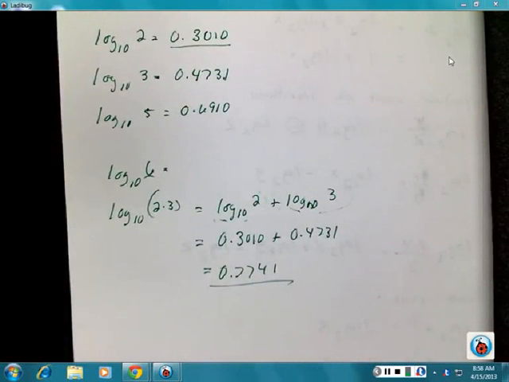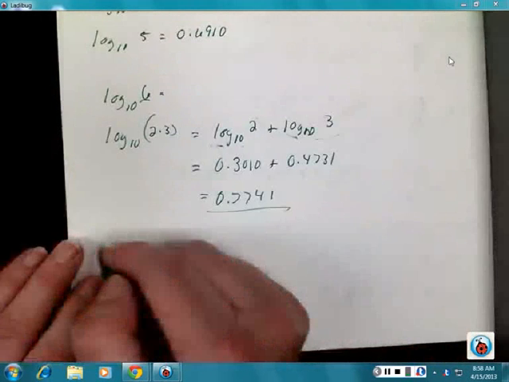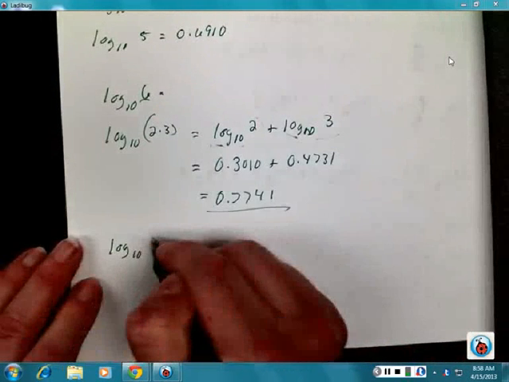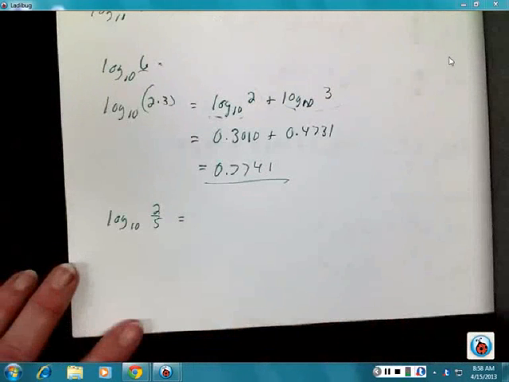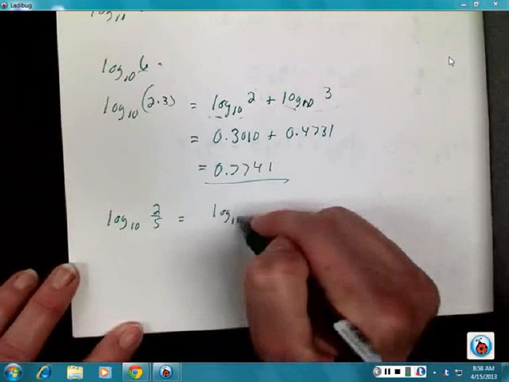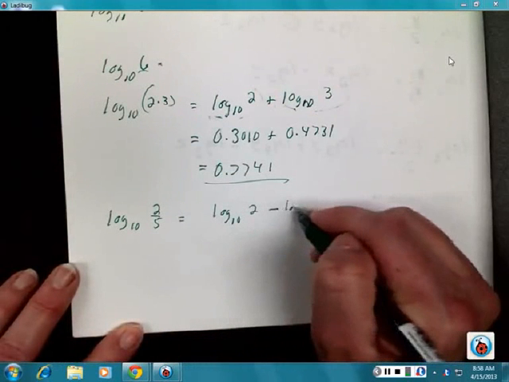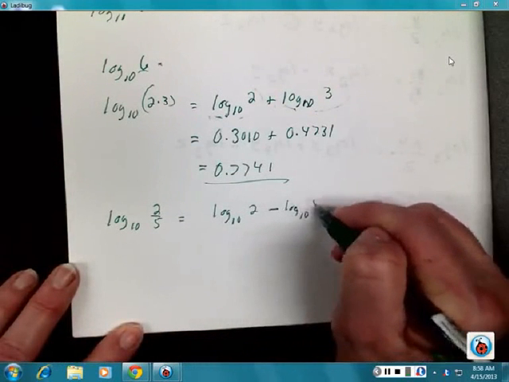Now, again, they went through and did division ones like that too. They may have had something like log 10(2) over 5. That is log 10(2) minus log 10(5).